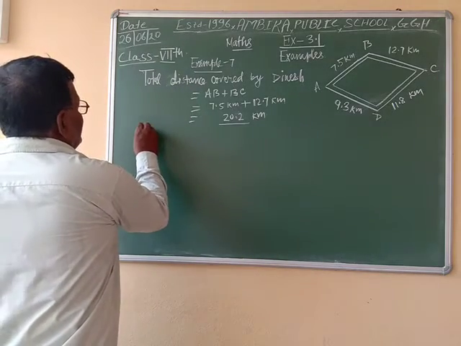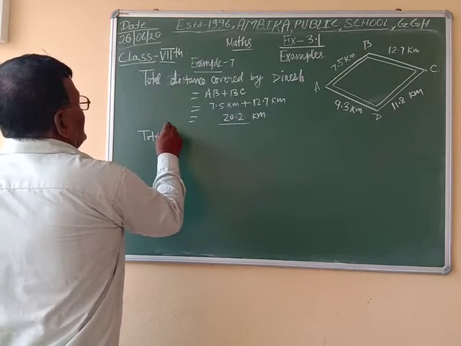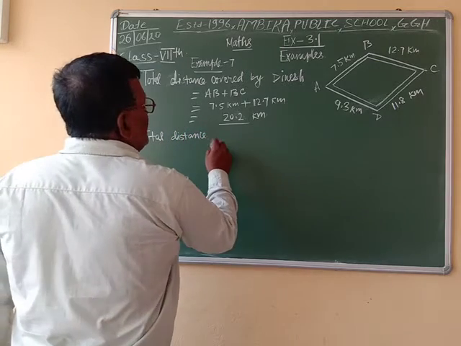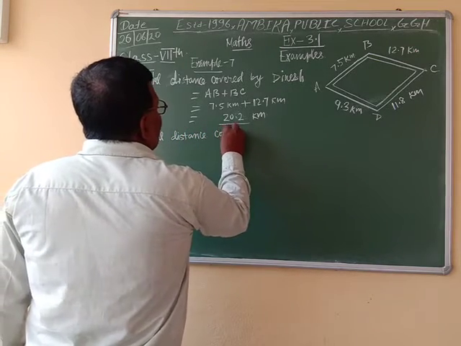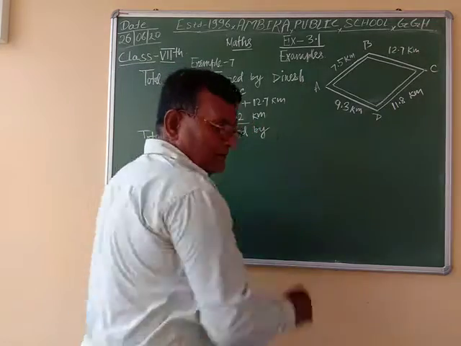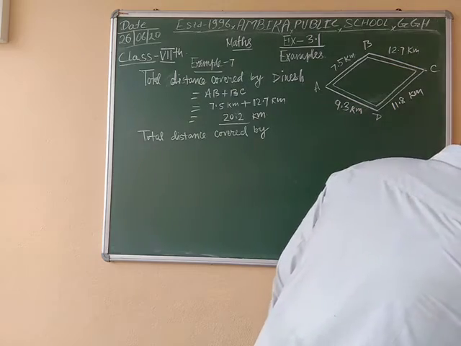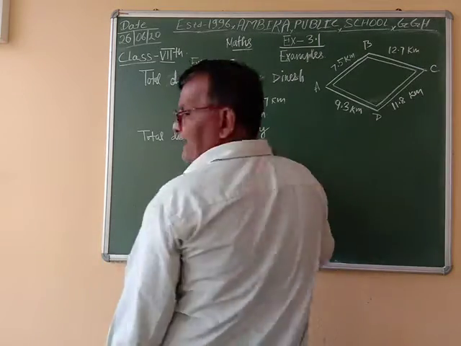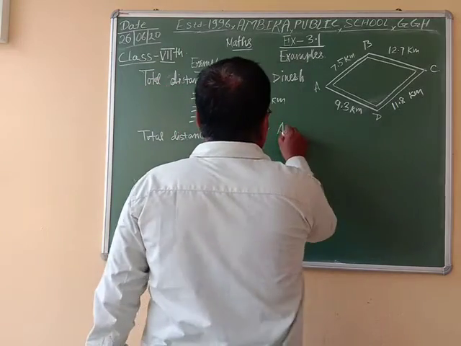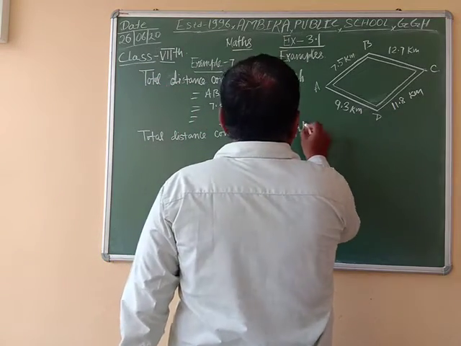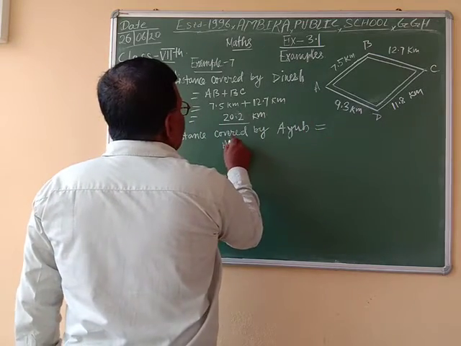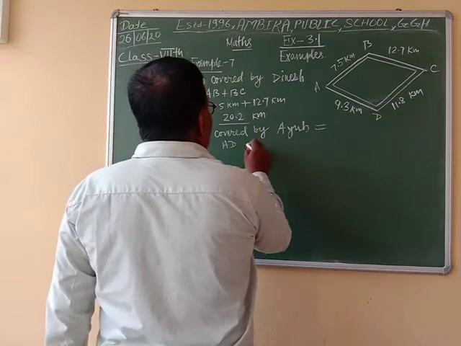Now total distance covered by Ayub is equal to AD plus DC.